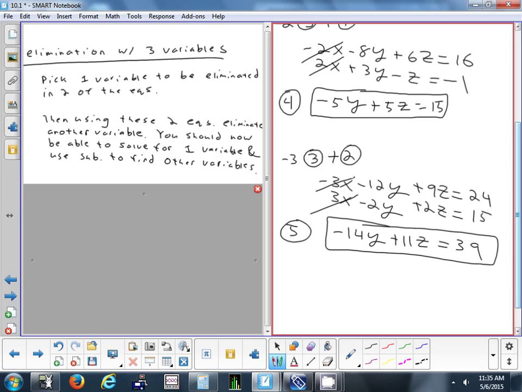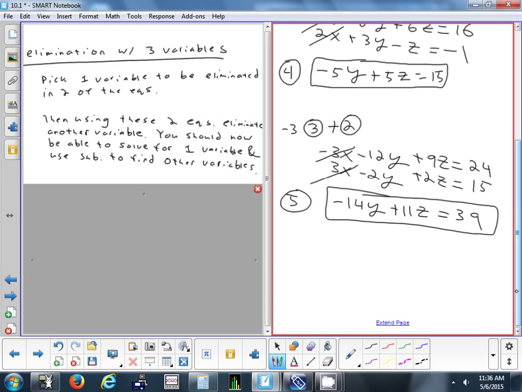I would probably try to make the z's cancel out, I think, unless you can find a common factor that 14 and 5 both divide into, that's smaller than 14 times 5. Okay. So what could we do? What could we multiply equation 4 by, and then what could we multiply equation 5 by? If you want to make the y's cancel out, you can go for that too. But. 4 by 11.